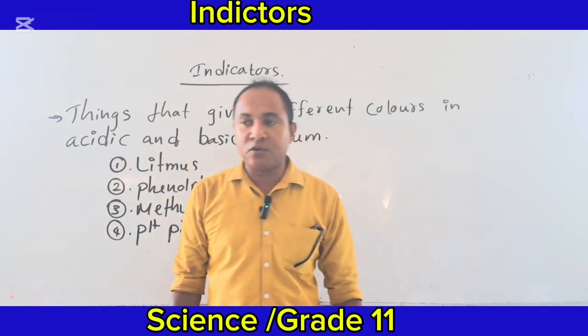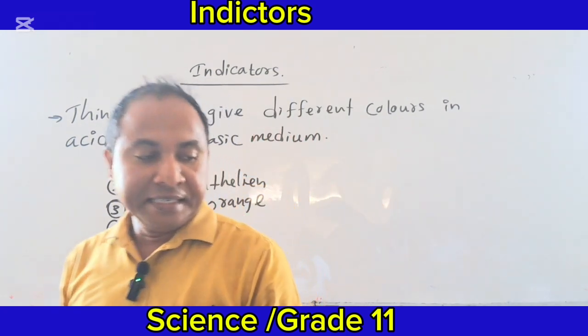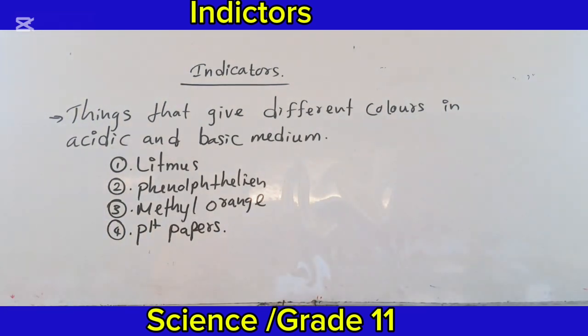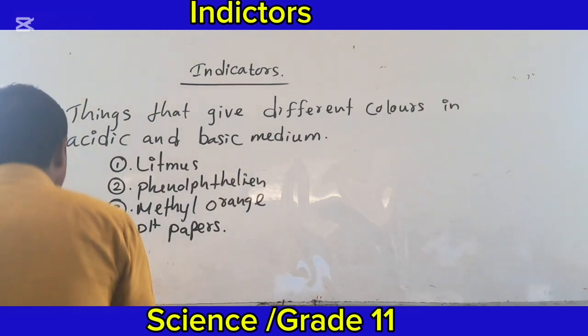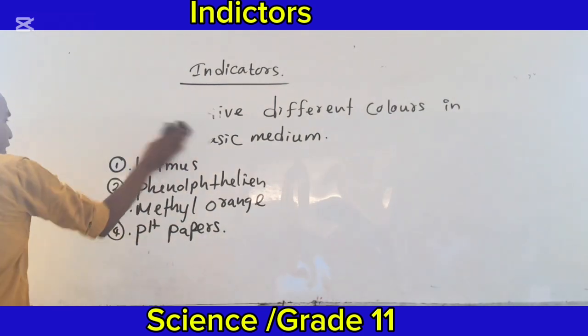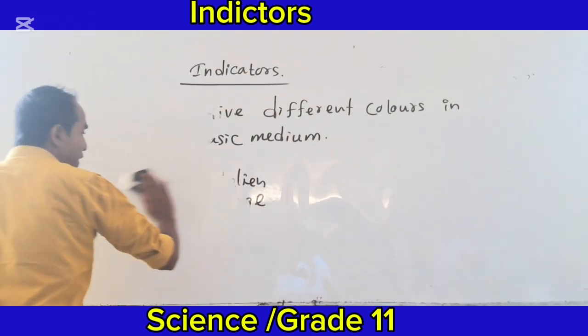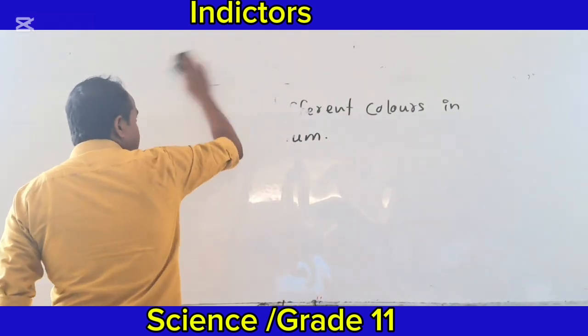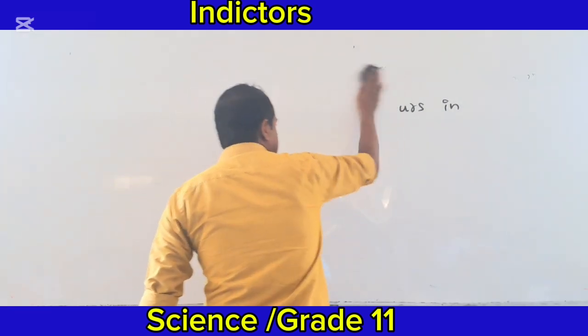Right now you can write down. Then we will learn about the different colors that litmus shows in different media. Now look at the board.